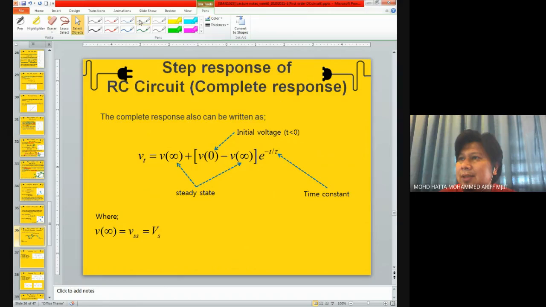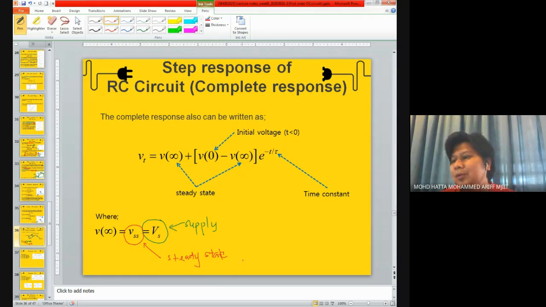Basically, V infinity is also known as Vs, or the supply voltage, or sometimes known as VSS. This is the steady state voltage.